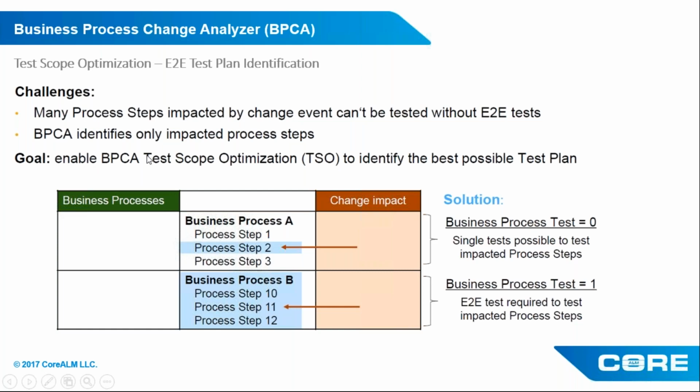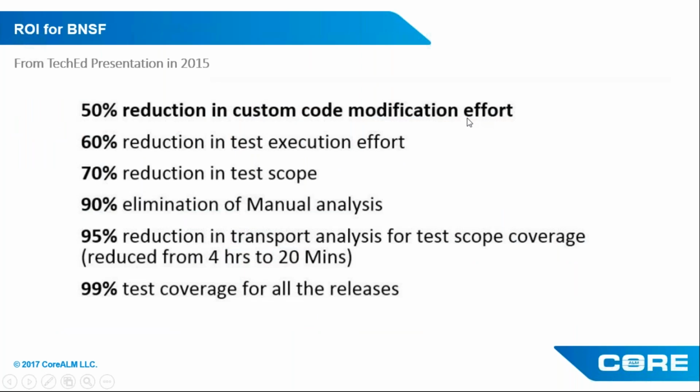So test scope optimization changes with the end-to-end test. It reduces the amount of effort you're going to have to do. So instead of having to test all the transactions and all the end-to-end tests, a lot of the testing will happen in end-to-end tests without redundancies.